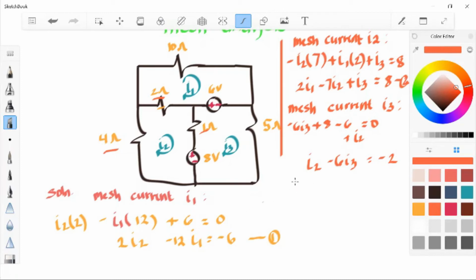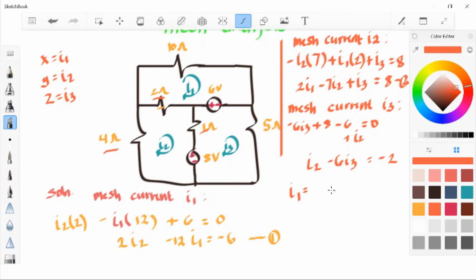Using simultaneous equations in the calculator, we need to have the correct order. Let's write x for I1, y for I2, and z for I3. Using simultaneous equations, we will have the following.